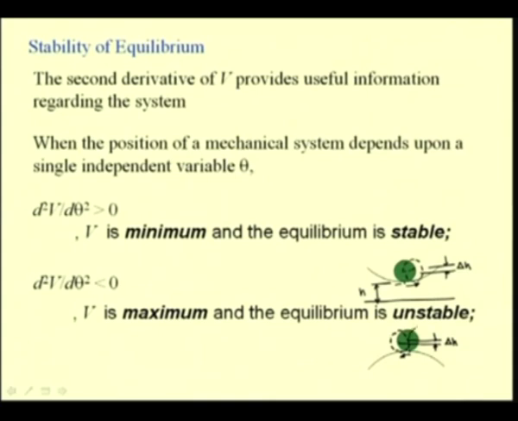Let us say this is state 1 and this is state 2. For this position 2, the sphere has a lower potential energy, and thus the sphere further tries to move down so that its potential energy keeps reducing. So it doesn't have a tendency to come back to its original position. So we see that the sphere is in equilibrium for this position 1, but its equilibrium is unstable.